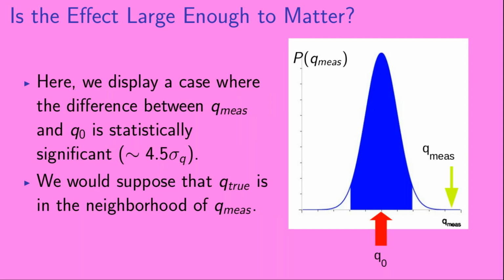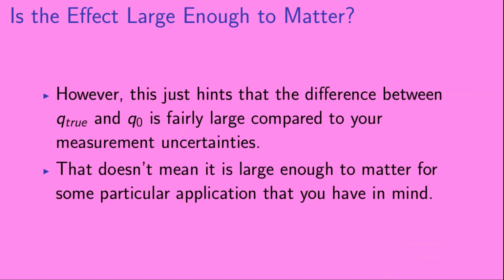So Q measured is about 4.5 sigma Q larger than Q naught. We would suppose that Q true is in the neighborhood of Q measured. However, this just hints that the difference between Q true and Q naught is fairly large compared to your measurement uncertainties. That doesn't mean it is large enough to matter for some particular application that you have in mind.